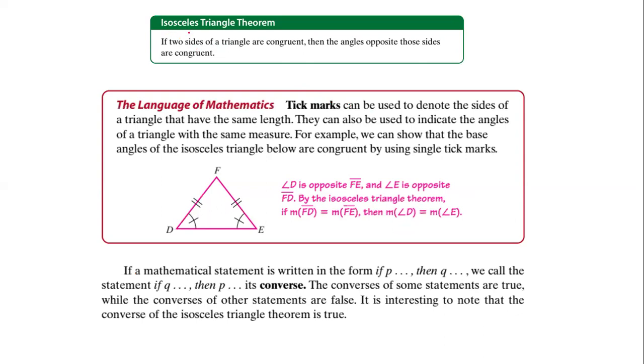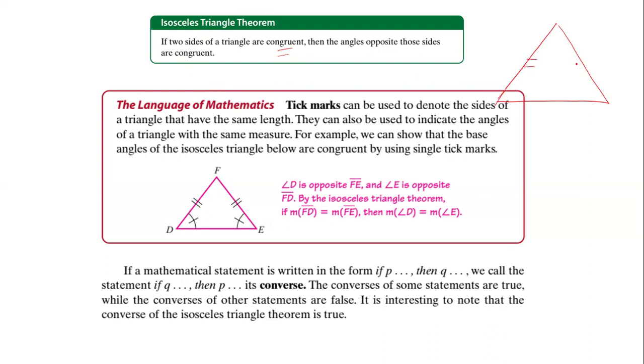Here, the isosceles triangle theorem: if 2 sides of a triangle are congruent, we will take it as equal, then the angles opposite to those sides are congruent. What does it mean? We have this isosceles triangle.